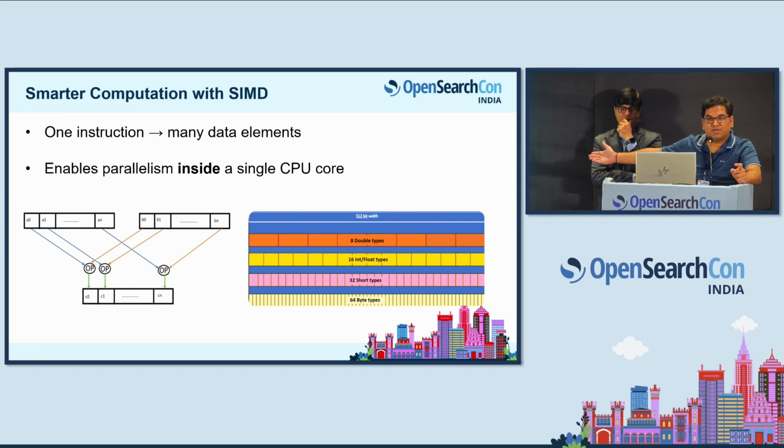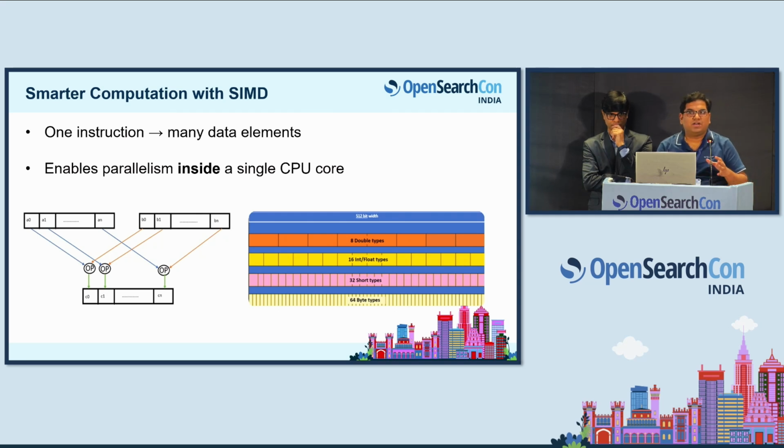If we take a 512-bit vector register, it can accommodate around 16 floats, and if it is FP16, it can accommodate 32 floats. So we can do the calculation with 32 floats at a time. That is the advantage of having this, and this is at the hardware level.